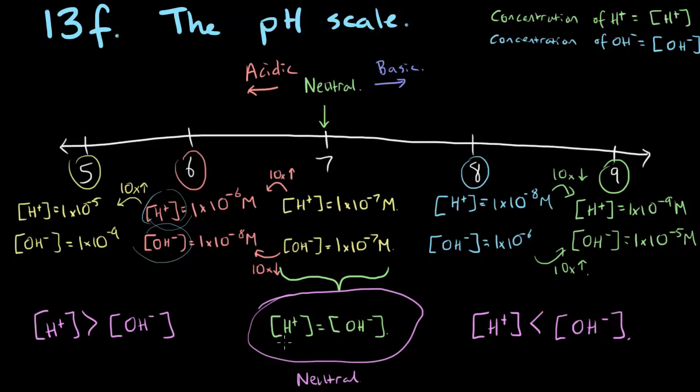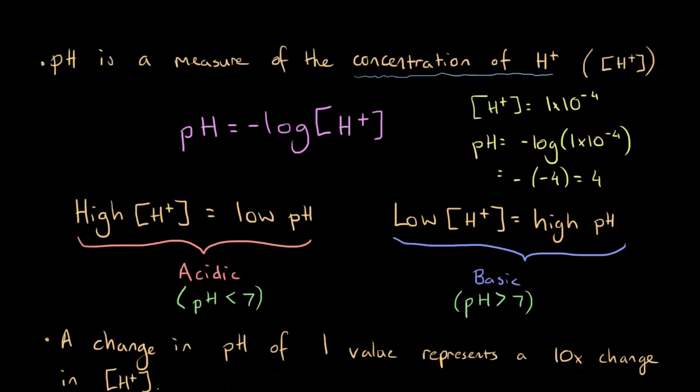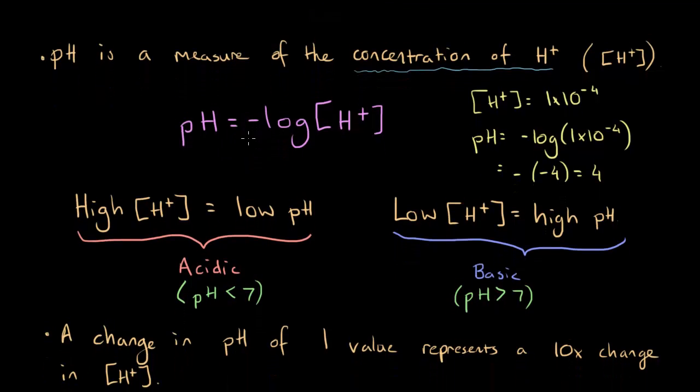You need to understand that relationship between H+ and OH- in neutral solutions where they're equal, and in both acidic and in basic solutions. Finally, you might also need to be able to calculate the pH using this formula. pH equals negative log concentration of H+.